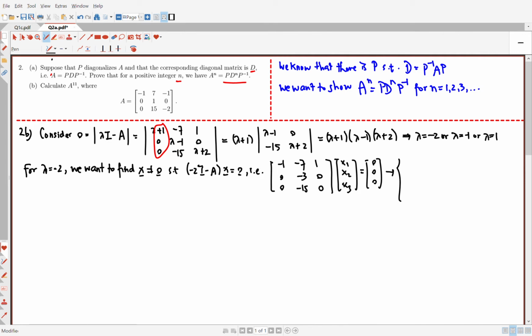This means the first row gives us minus x1 minus 7x2 plus x3 is equal to 0. The second row gives us minus 3x2 is equal to 0. The third row is minus 15x2 is equal to 0.